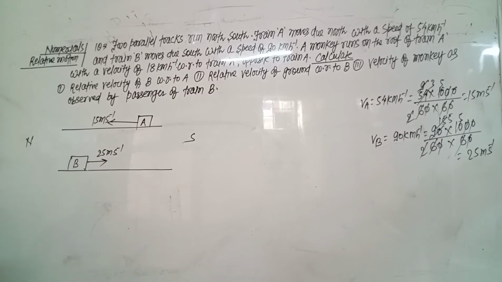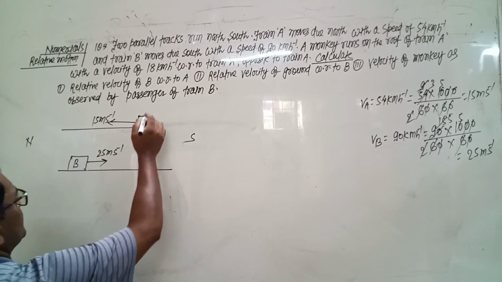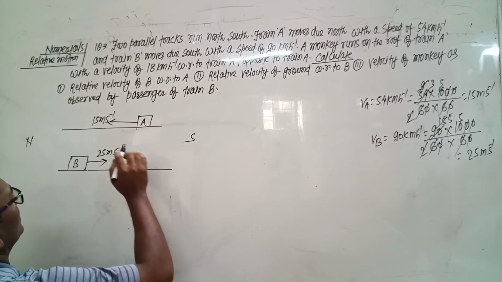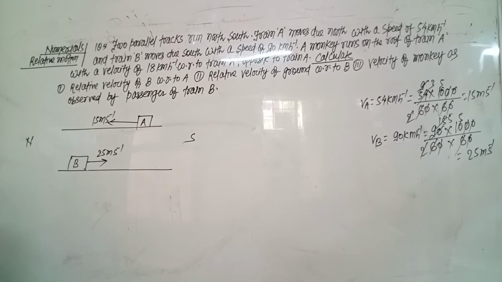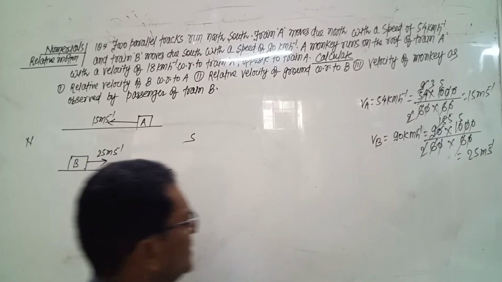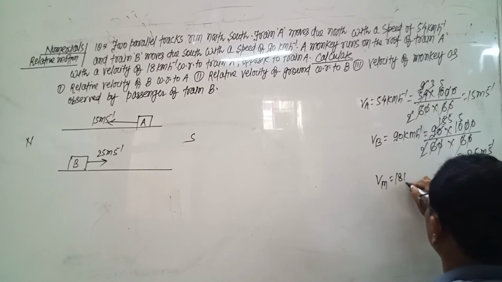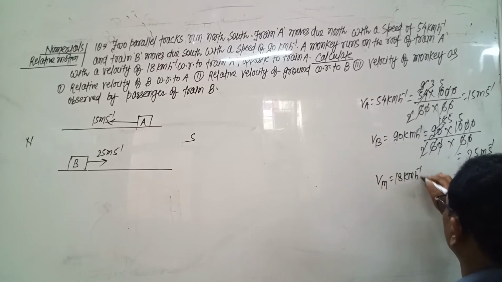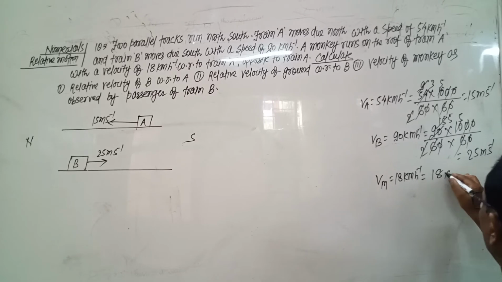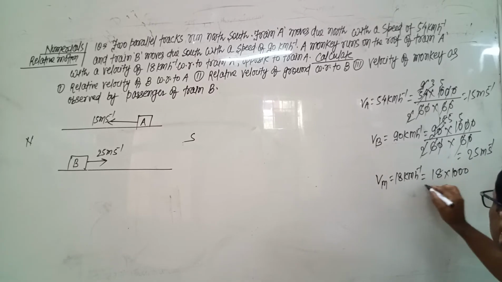A monkey runs on the roof of train A with a velocity of 18 km per hour with respect to train A. Convert this also into meter per second.